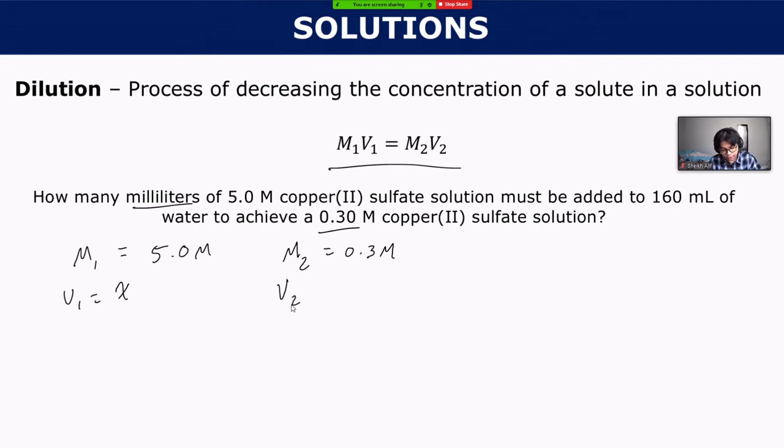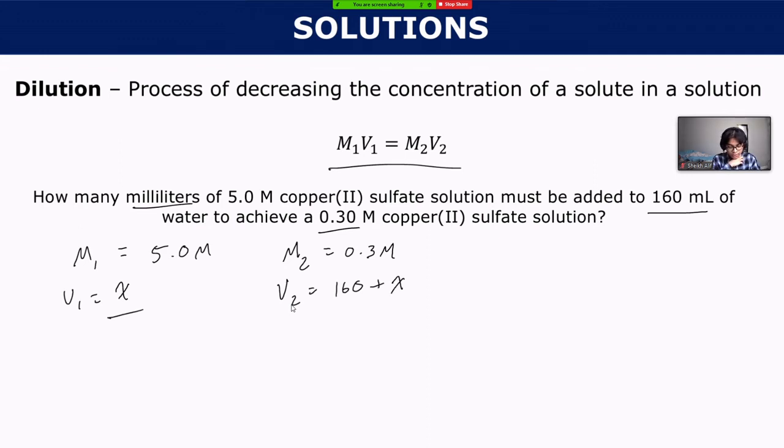And for V2, we know that 160 milliliters of water was added. A common mistake here would be to just say 160. But what's going on is that the 160 mL of water is going to be combined with the initial volume of X. So you need to combine them instead of keeping them separate. So the end volume isn't 160, it's 160 plus X.